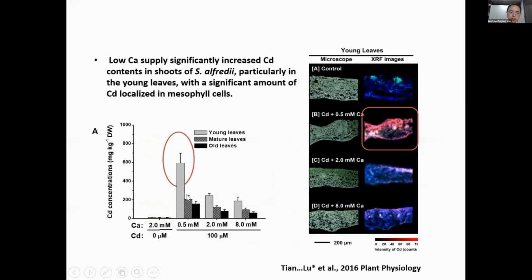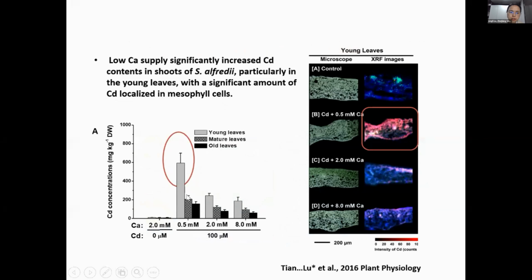In the stems, under low calcium, we can see that the cadmium signal in the vascular bundle systems was almost 10 times higher than in those treated with high calcium.